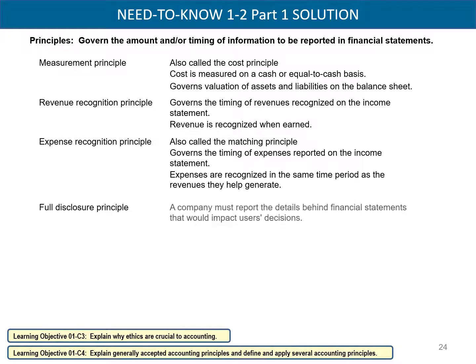And then the full disclosure principle says that a company must report the details behind their financial statements that would impact user decisions. And those disclosures are often found in the footnotes to the financial statements. Those are those pages that follow all of the pages with the numbers on it that we were talking about just a little bit ago.